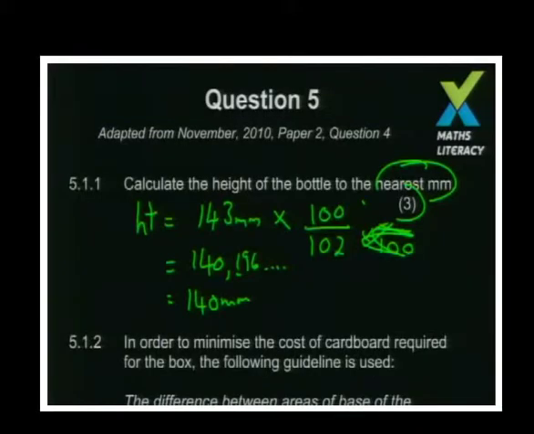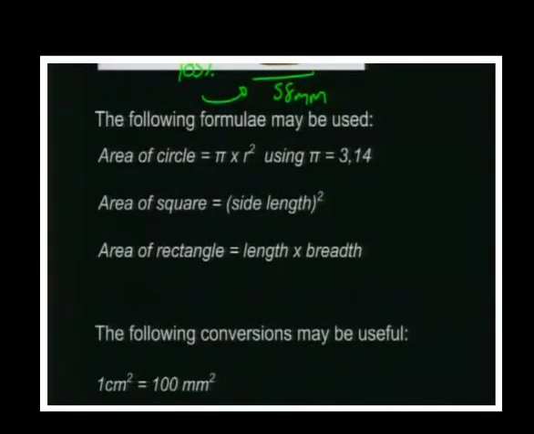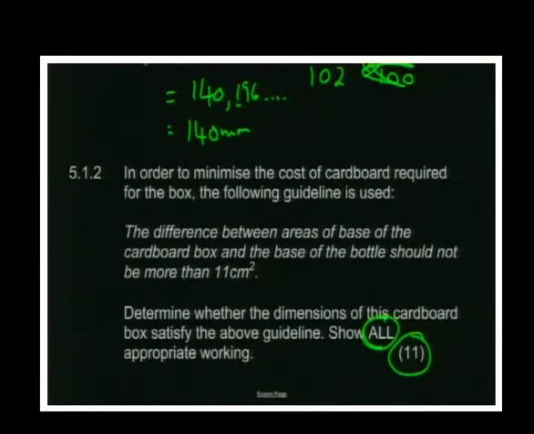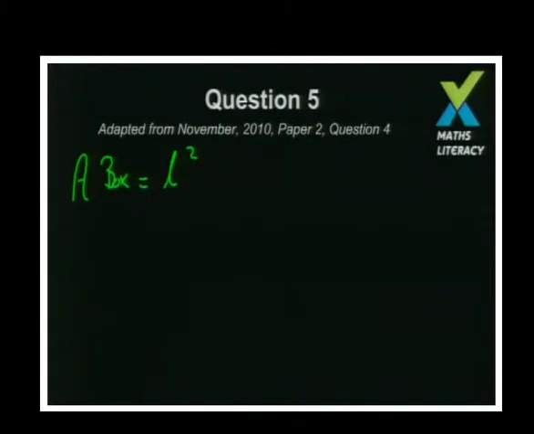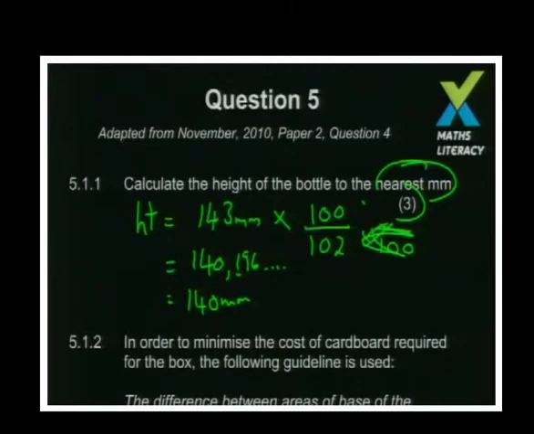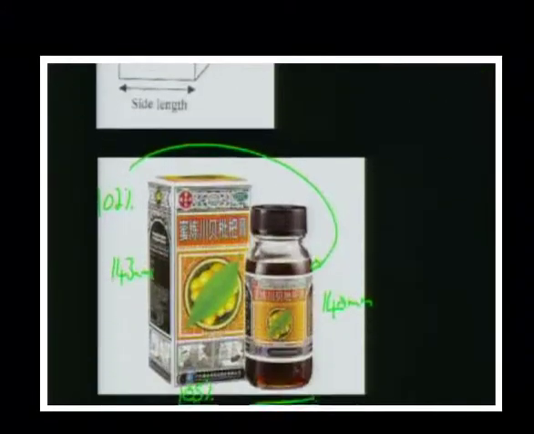And if we go right back to that first page here, you were given that the area of a square is the length squared. So yes, sir, thank you very much. We're using that formula. So back here, length squared. Now, what is the length of the box? Let's find it over here. Here it is.